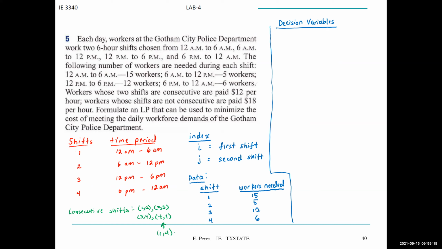We can do the same thing with the non-consecutive shifts. How can you represent those using these indexes? For the non-consecutive shifts, you can have 1, 3, right? And what is the other option? 2, 4.